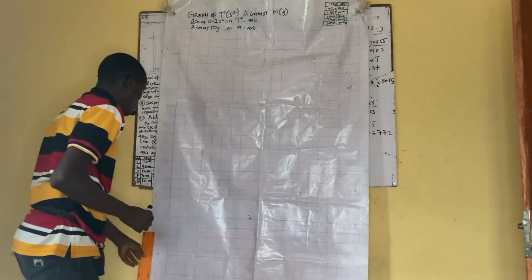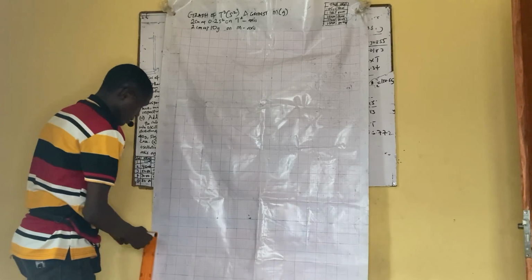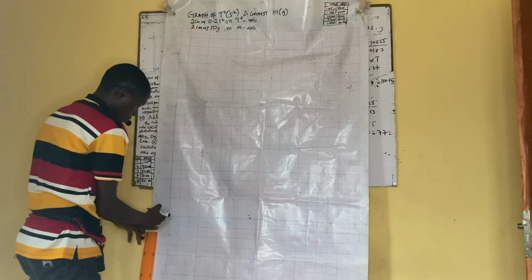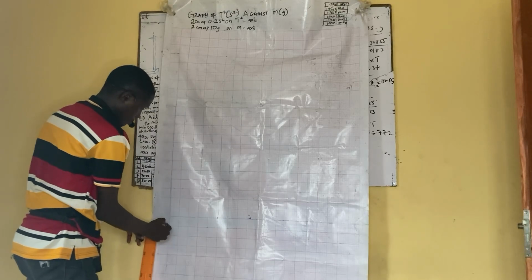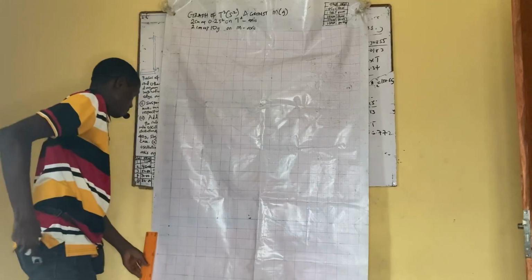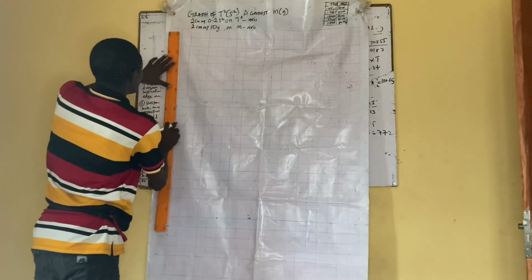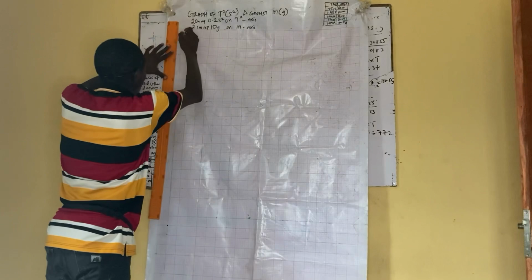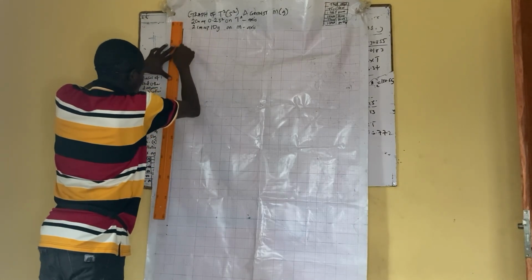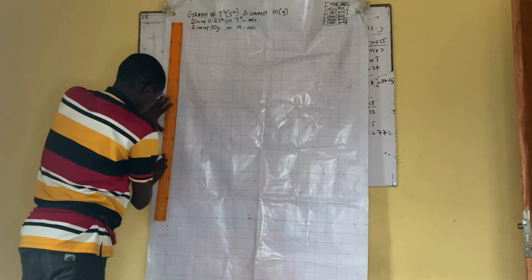So now let's quickly plot. Don't forget, we're starting with 0,0, or you can even put it up if you want to, because you are going to have more than enough. So I'm drawing a line first, the vertical line, which is our T square.